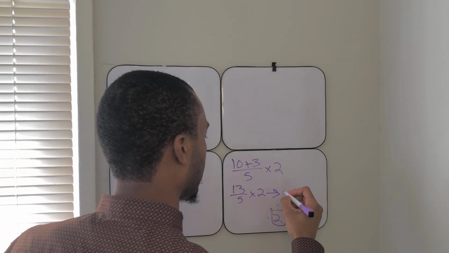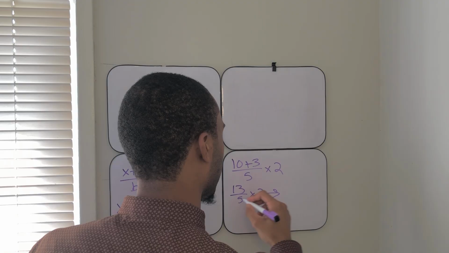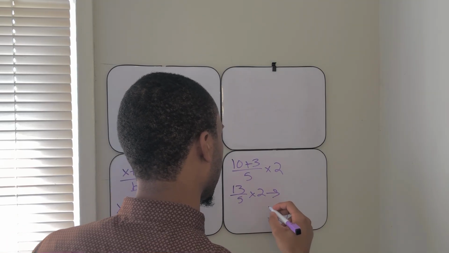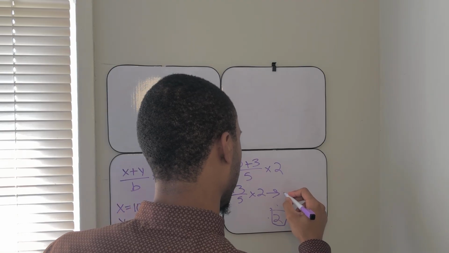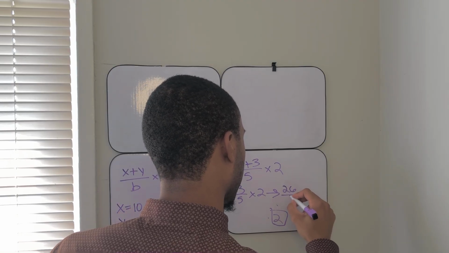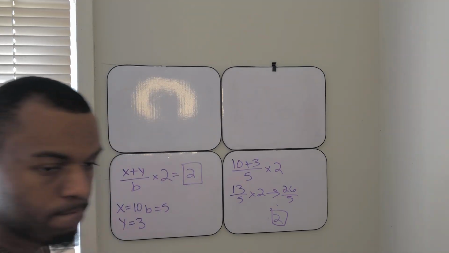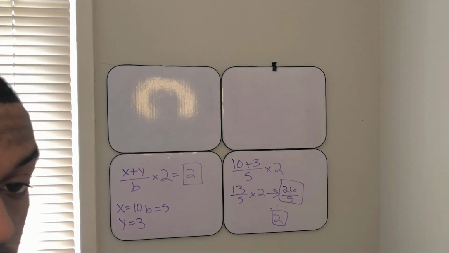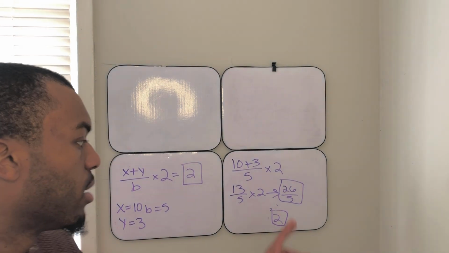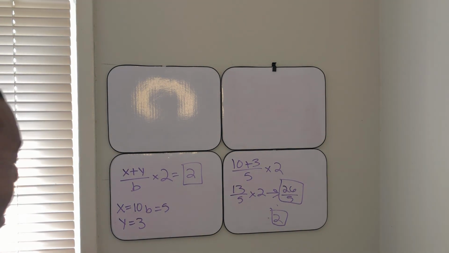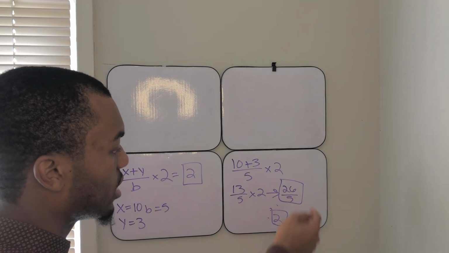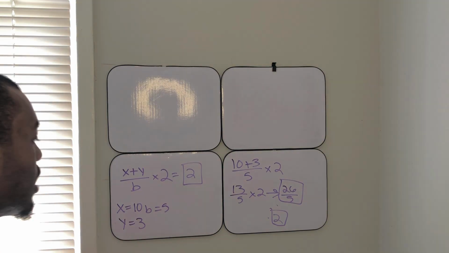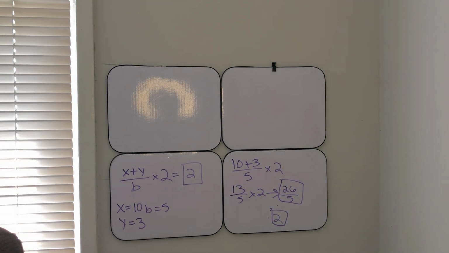So we'll do 13 over 5 times 2 over 1. What's that going to be? You just multiply straight across. That's going to be 26 over 5, and this is the answer. We're not going to simplify it because I'm not in the mood to do all that arithmetic. But the answer that we get now that x is 10 is 26 over 5, whereas before we got 2. And the reason it changed was all because we changed the value of x.